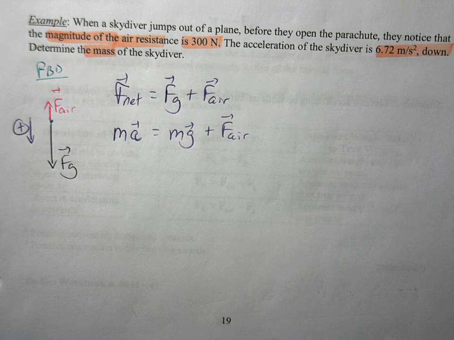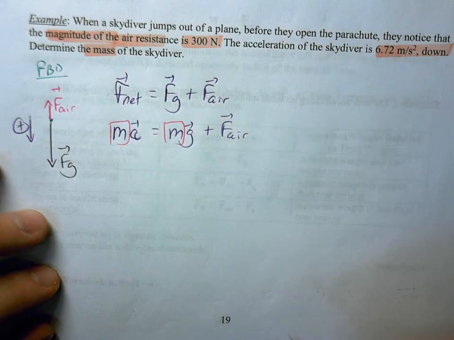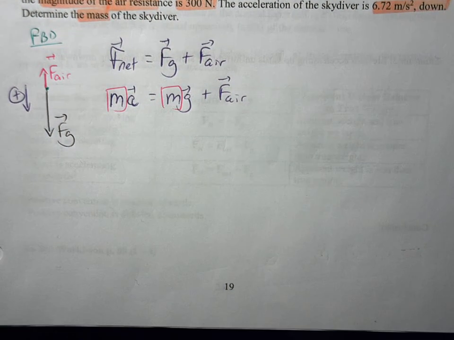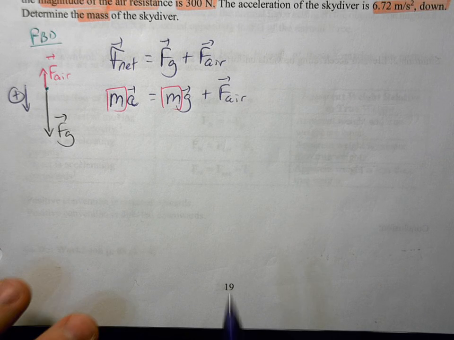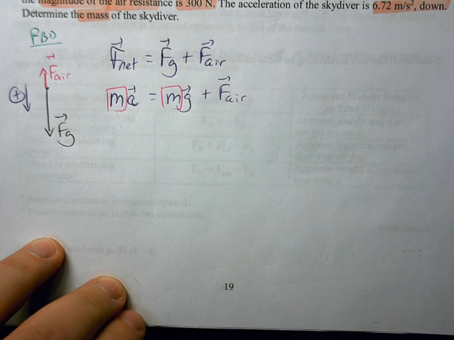Now the problem that we have this time is we want the mass, but you'll notice that I have a mass term here and I also have a mass term here, so I have mass on both sides of the equation. The only way that I can work this out to get mass as one single term is I have to have all my masses on one side. What I'm going to do is bring this mg term to the other side.